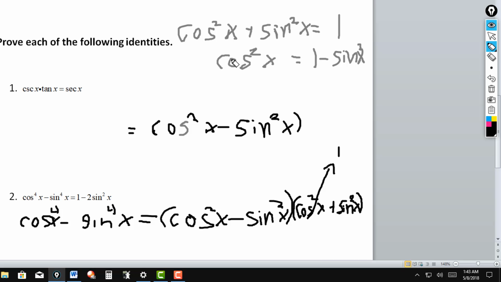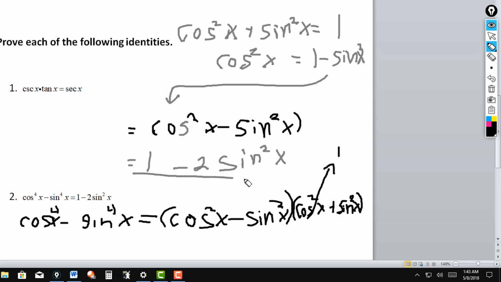Now making the substitution for cosine squared, putting this right where the cosine squared x is, would give me 1 minus sine squared x, and then minus sine squared x, and a minus sine squared plus a minus sine squared is minus 2 sine squared x. And that's what we're trying to get. So that proves that identity.